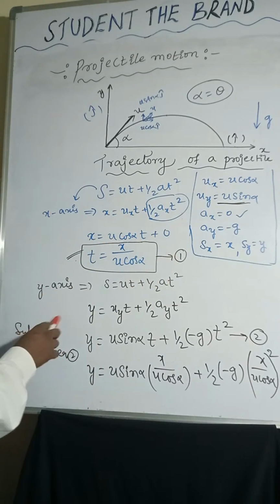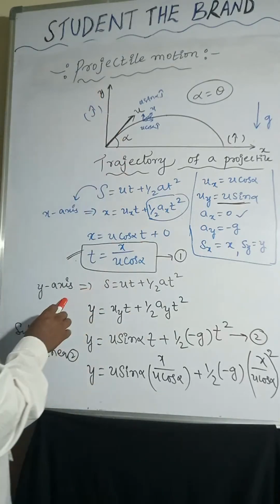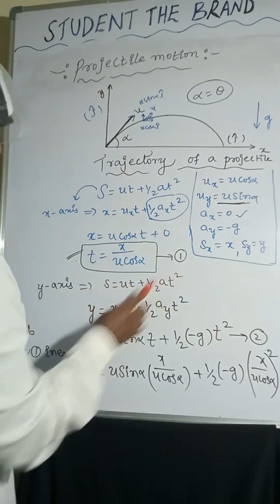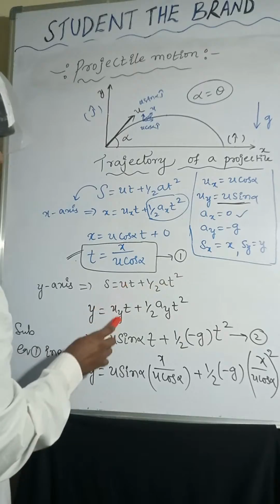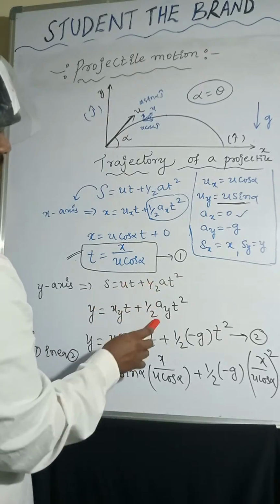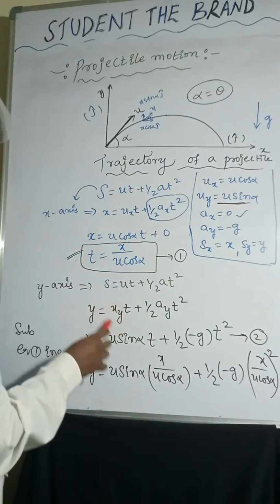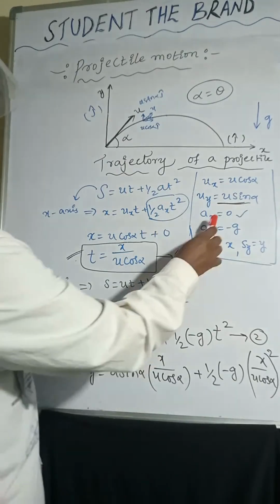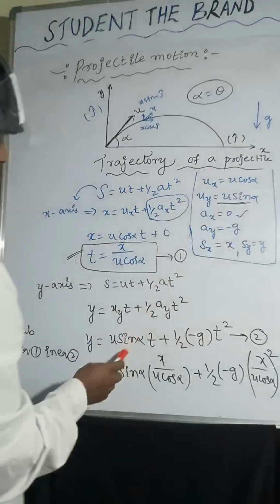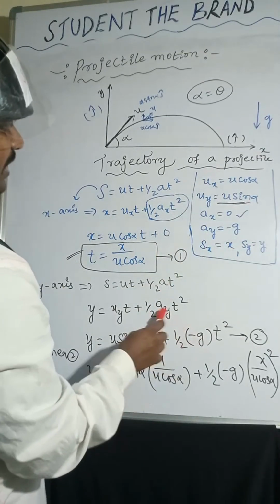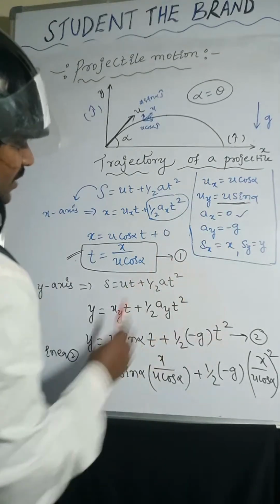Coming to the y-axis: s equal to ut plus half at square, so y equal to uy t plus half ay t square. Now uy is u sin alpha, into t, plus half ay equal to minus g t square.